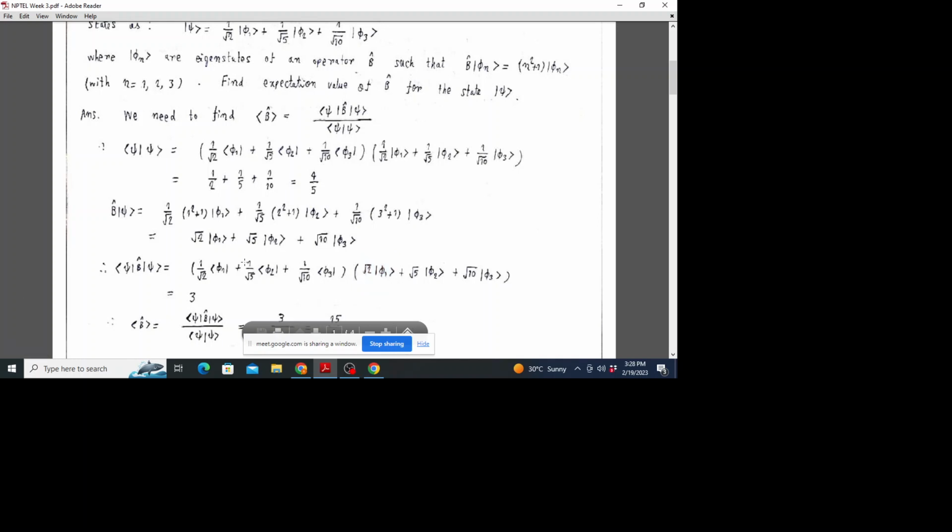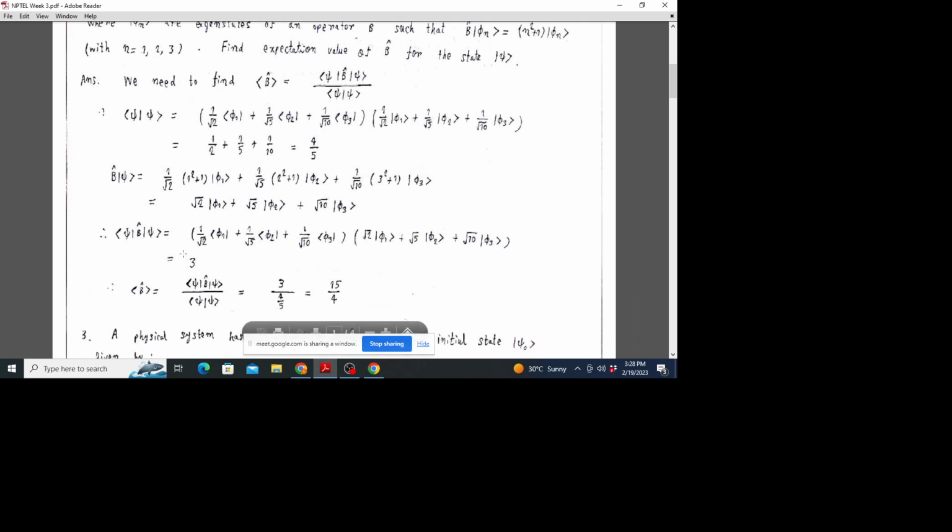Similarly the second term acts on this, and this last term acts on this. All of them will give you 1, and adding them up gives 3. So our numerator will be 3. Now just substitute the values for this numerator and denominator and you will get the result 15 by 4.